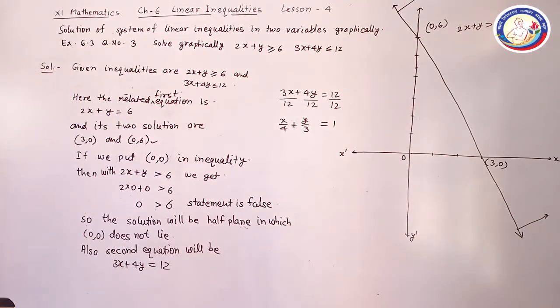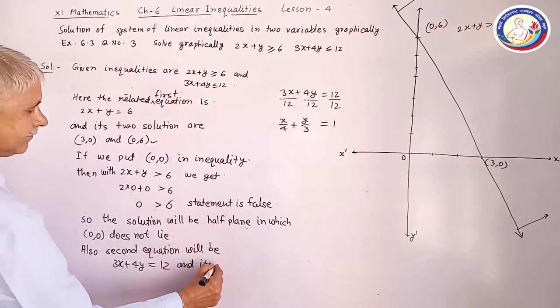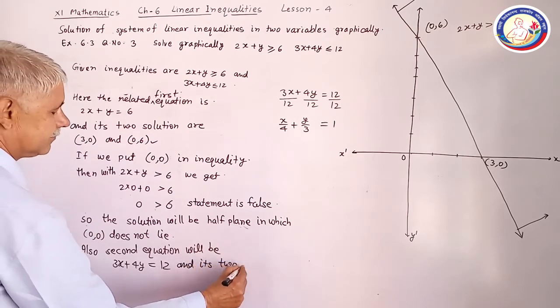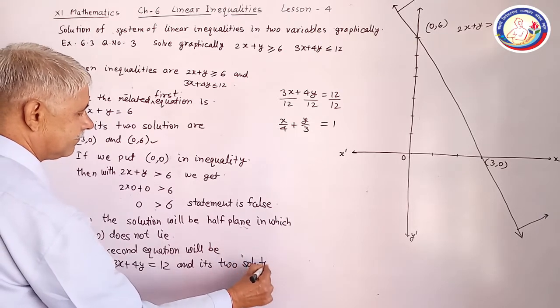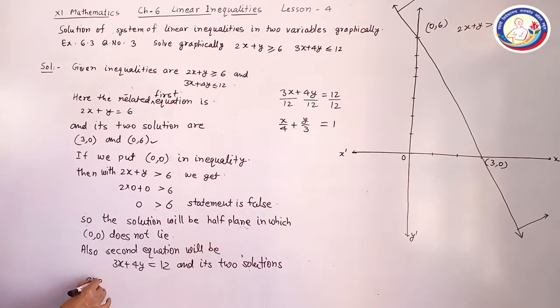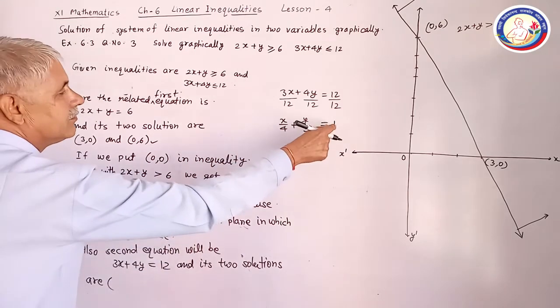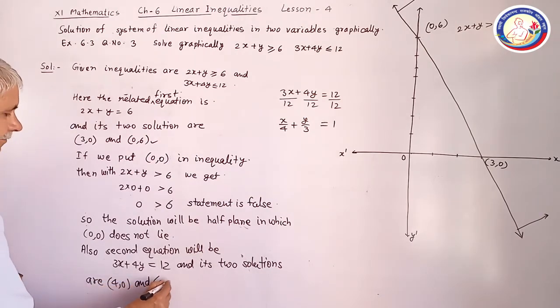So the points on the line, its two solutions, are 4, 0 on x axis and 0, 3.